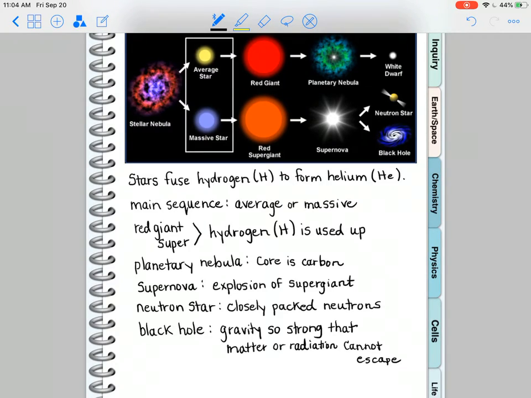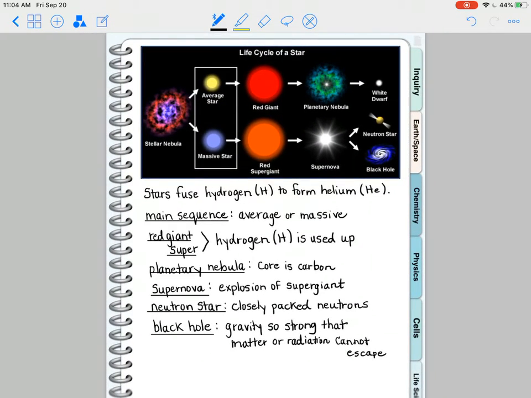So you may be thinking, first of all, I could not care less about any of this. You may be thinking there is no way I can remember all this. And the good news is that you don't need to. I just want you to get a couple of concepts here. First of all, that stars die. They're born in a stellar nebula and their life cycle eventually ends.